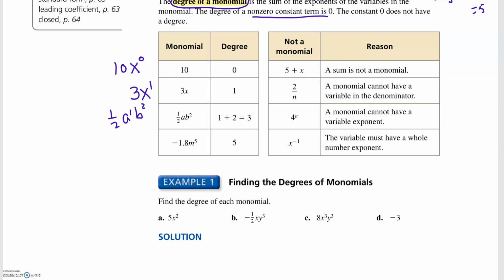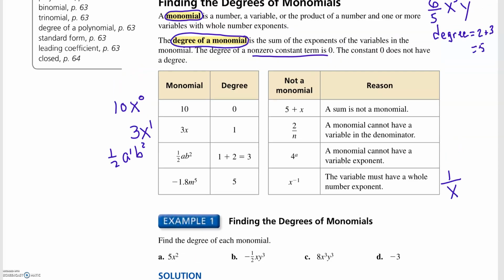That goes along with this one right here where we can't have a negative exponent, because we can't have negative exponents on a variable, I should say. Those exponents on the variables have to be whole numbers, things like 0, 1, 2, 3, 4, 5. So no fractional exponents, no negative exponents on the variables.